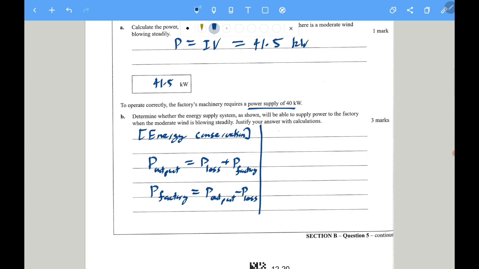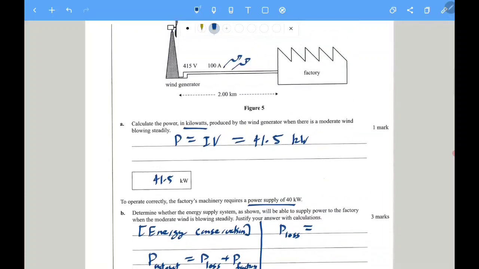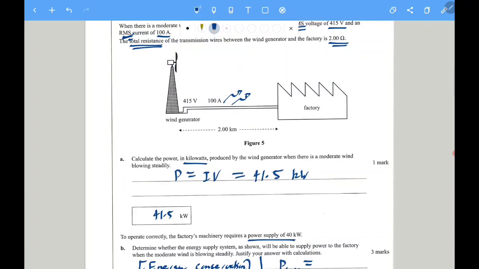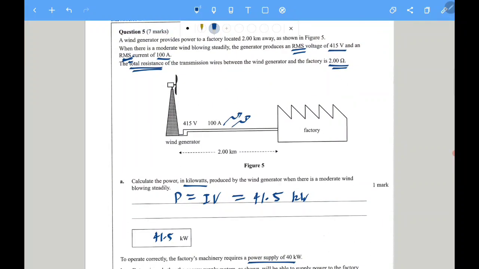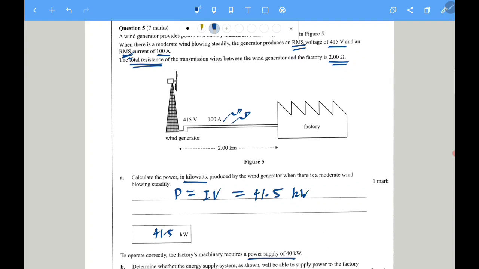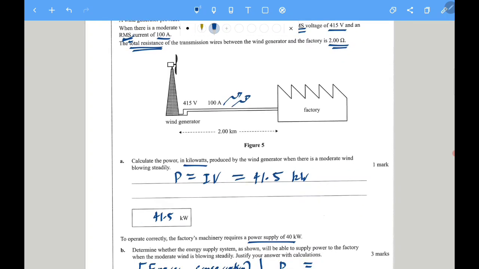All right. Now, the challenge here is to determine the power loss. In this case, we know the resistance, right? We know the total resistance. So this distance value actually doesn't mean anything here because we know the total resistance in the transmission wires and the wind generator. If we were given a density of the resistance or something like that, then that 2 kilometers would actually matter.